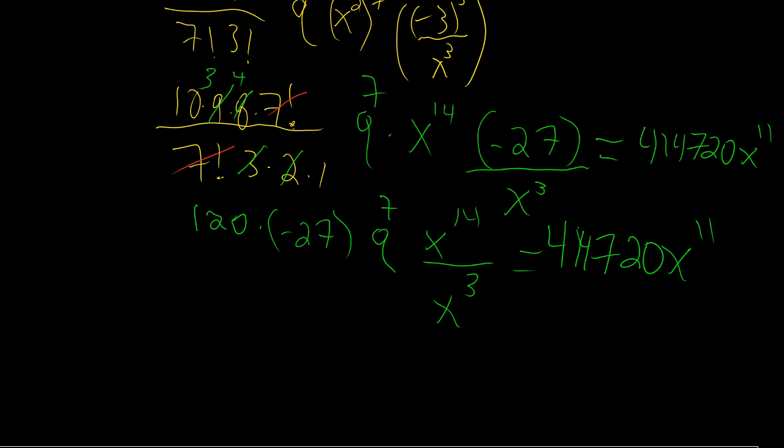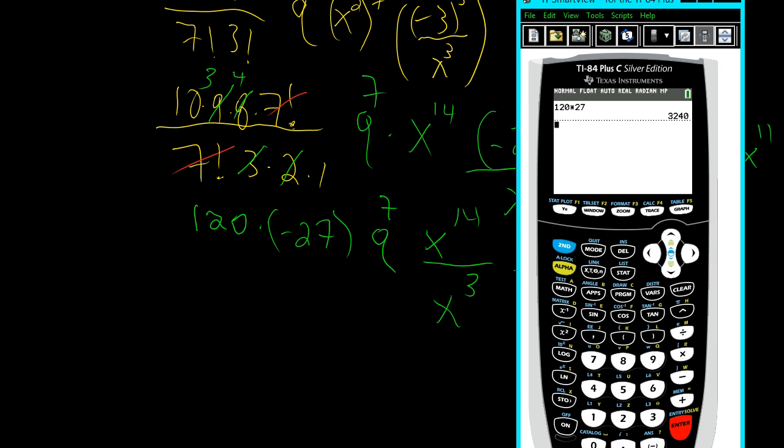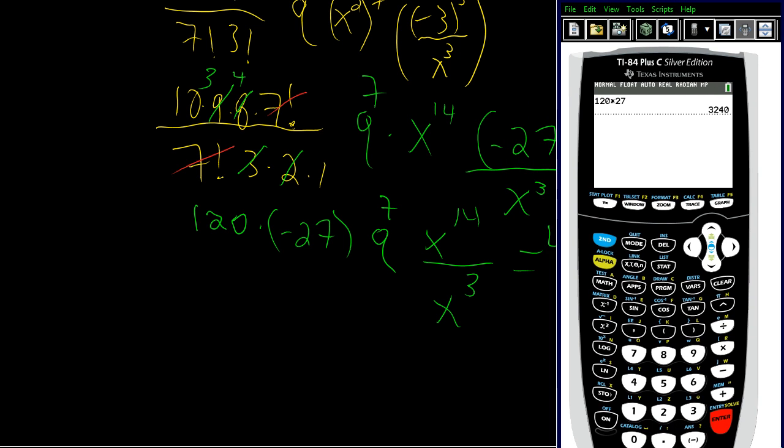So we're getting there, I think. I'm going to use my calculator. I apologize to people who could do this in their head. You're much smarter than me. I know a negative times a positive is a negative. So this is negative 3240.